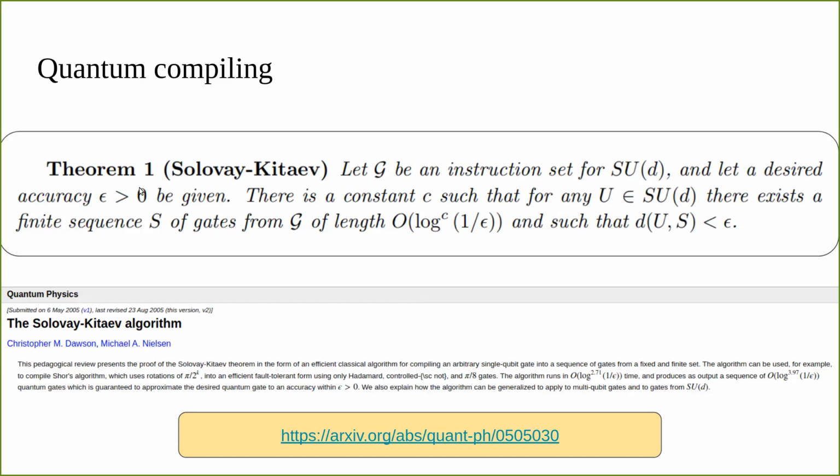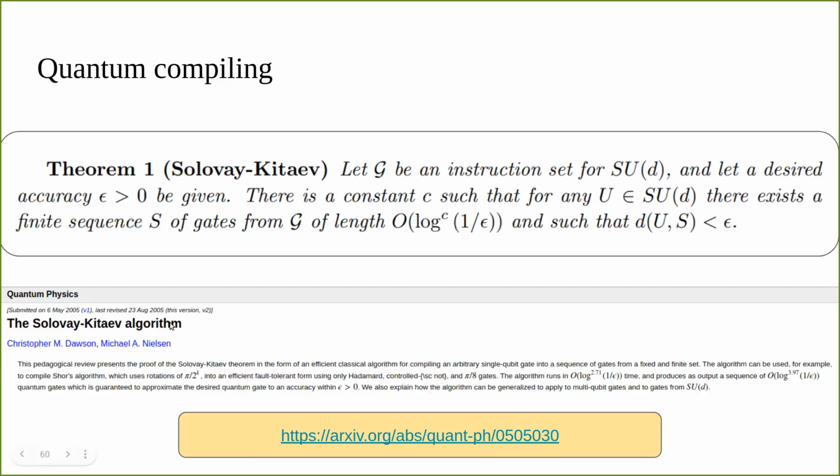Then the result is that we can compile for any unitary U a sequence of gates from G, which has length of order log(1/epsilon) raised to some constant c, which is at most 4 and I think between 2 and 4, such that this compiled sequence is epsilon close to the original unitary. So that's an important result, and it sets the stage for what's possible in compiling.